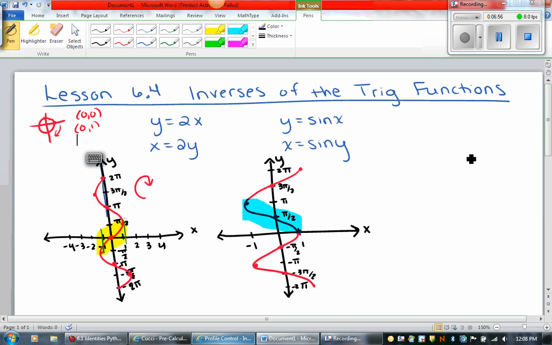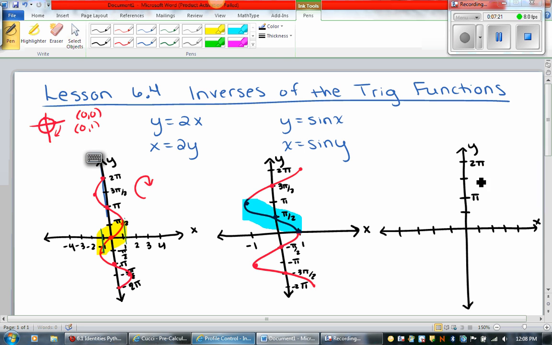Okay, so we have one more to look at, and that's our tangent function. Something that we know about tangent is that at π/2 and at 3π/2, we wind up with asymptotes.